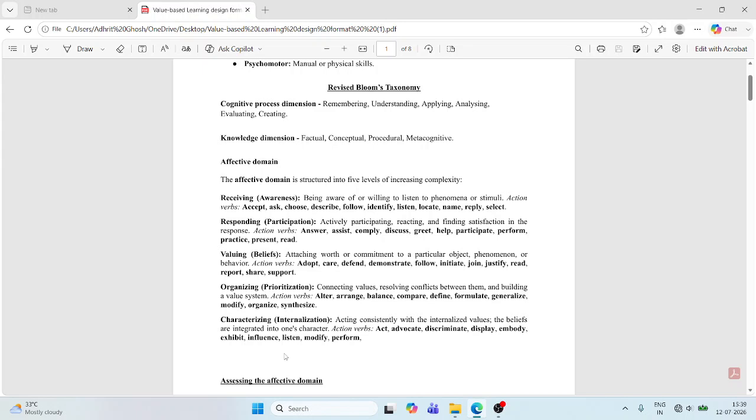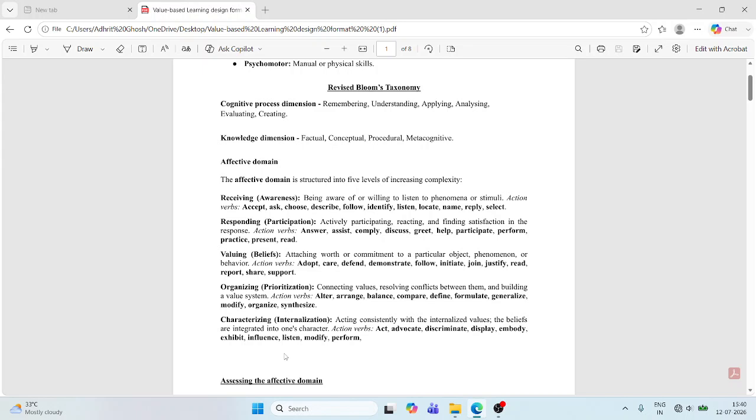The third one is valuing. Valuing is attaching worth or commitment to a certain object, phenomenon, or behavior. That is when you connect it with those values that are being taught to you. The fourth one is organizing, that is prioritizing, where you connect the values, you resolve conflicts between them, you set priorities, and you build a value system.